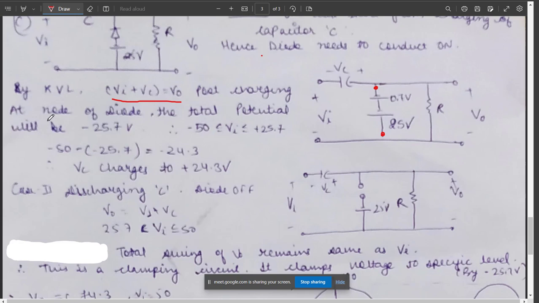Now at the node of the diode, how much will be the total potential? Minus 25 minus 0.7, so the total here will be minus 25.7.